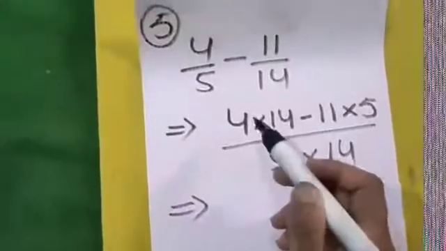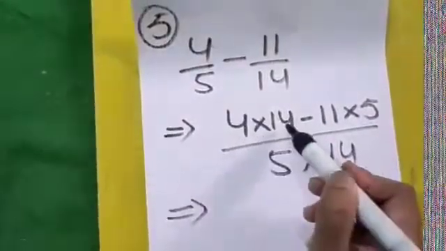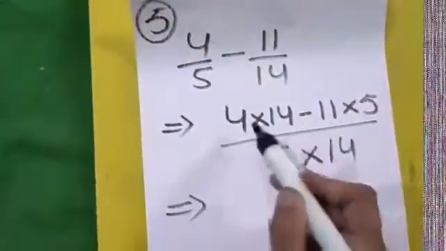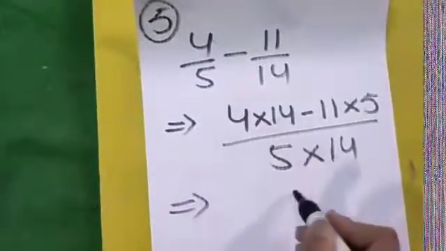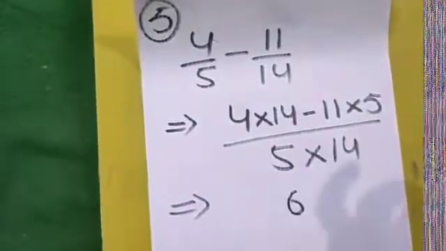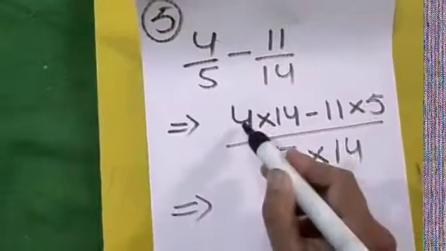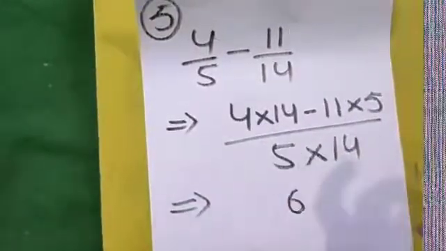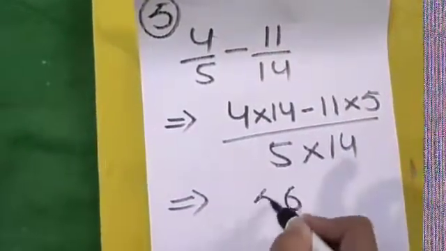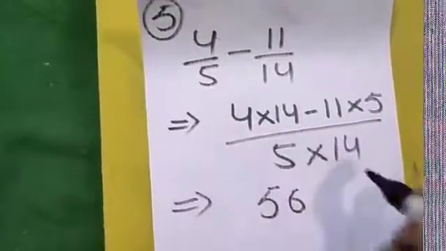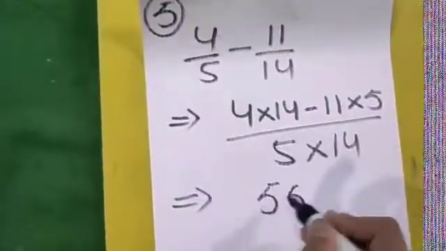When 4 and 14 are multiplied, 4 times 4 is 16 and carry 1, 4 times 1 is 4, and the carry was 1, we get 5. That is, 4 times 14 is 56.